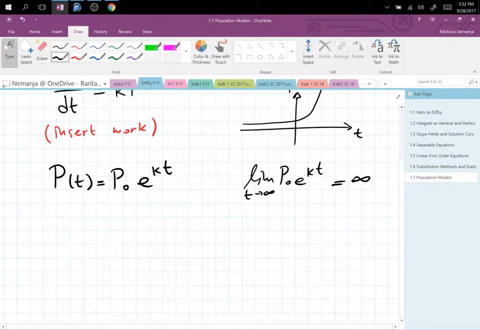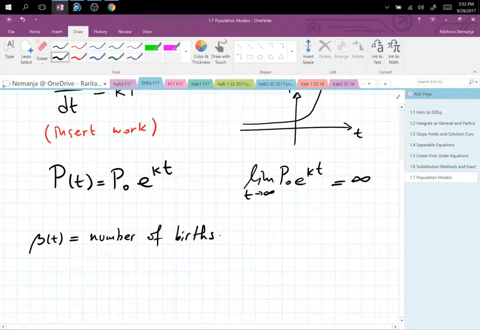So we can introduce these concepts as function beta of time, obviously, the number of births per unit of population, per unit of time at time t.